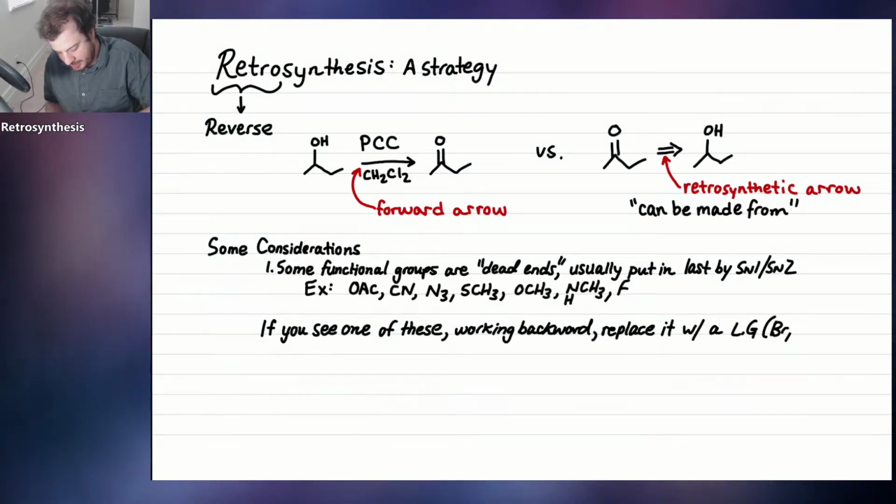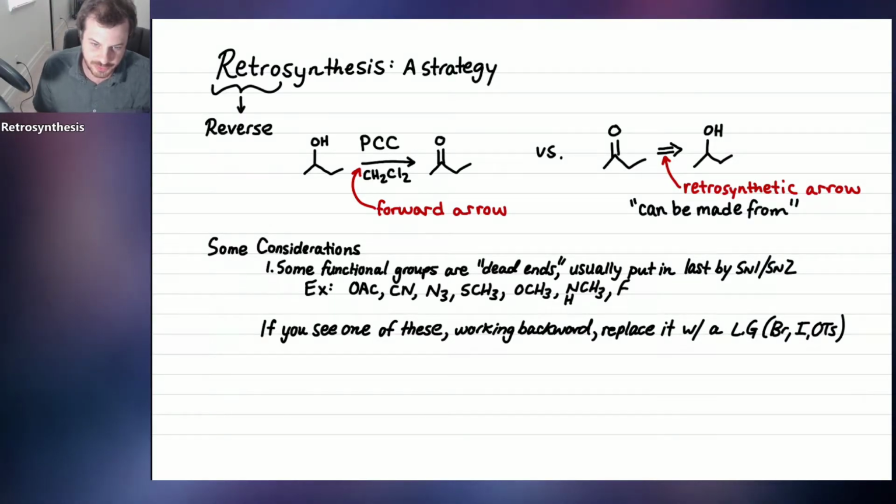Like bromine, iodine, or tosylate. That's just a few examples of good leaving groups. Because in order to install one of these groups, you need to do SN1 or SN2. Well, in order to do SN1 and SN2, you need to have a leaving group.